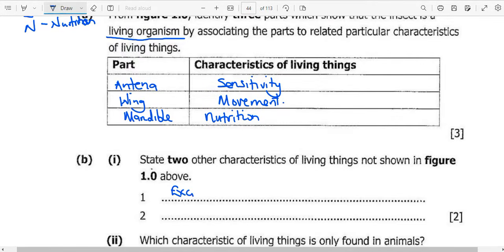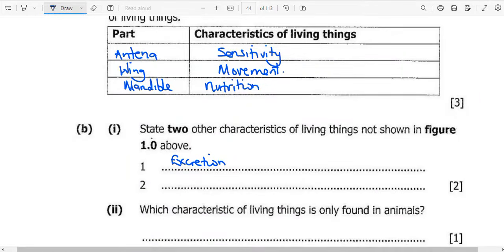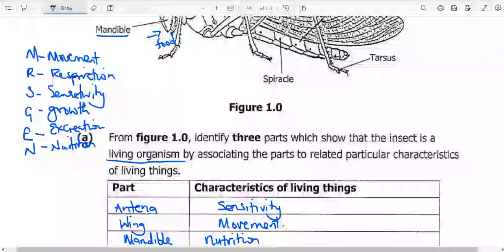We know excretion is the removal of metabolic wastes. Each living organism excretes, meaning that they release metabolic waste, the byproducts in short. The second one here: what can we see from the characteristics given?